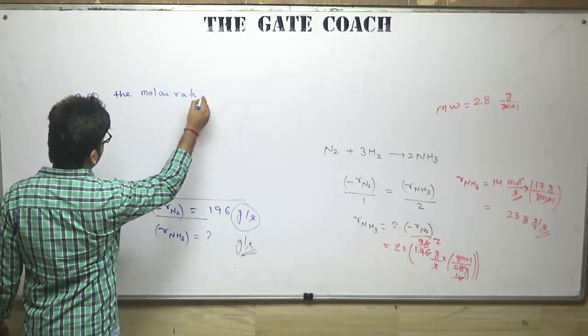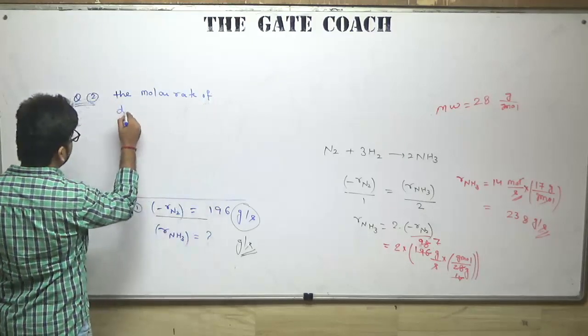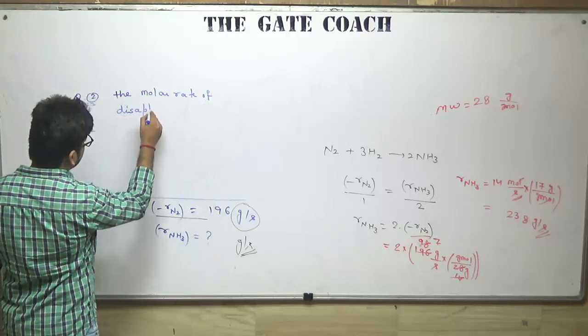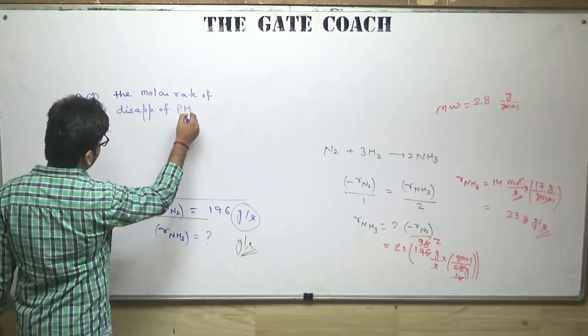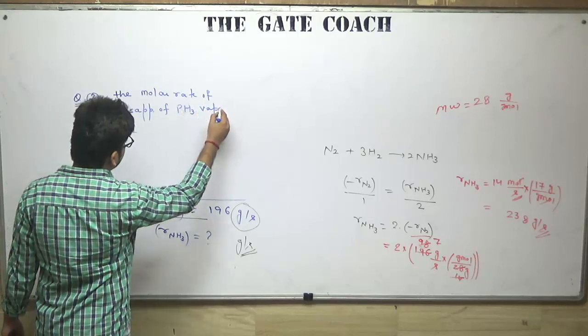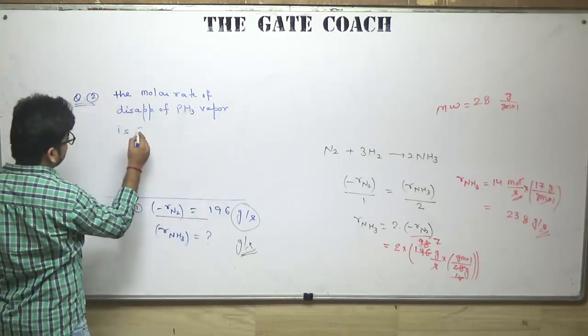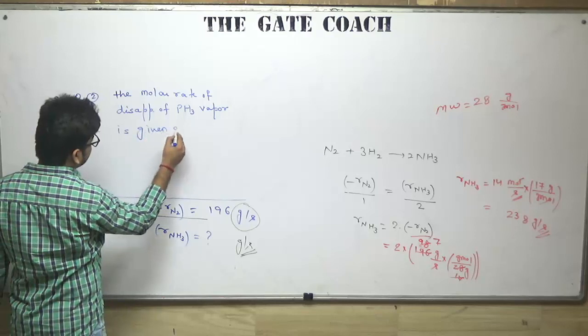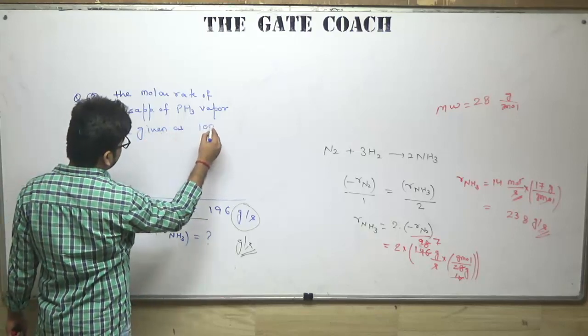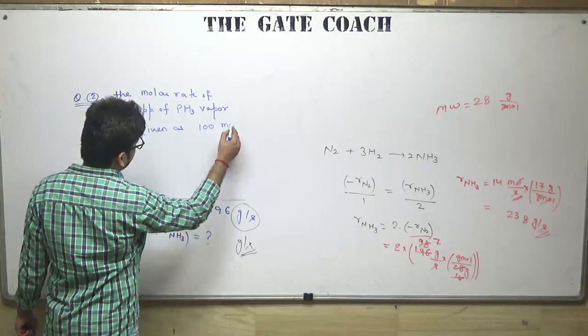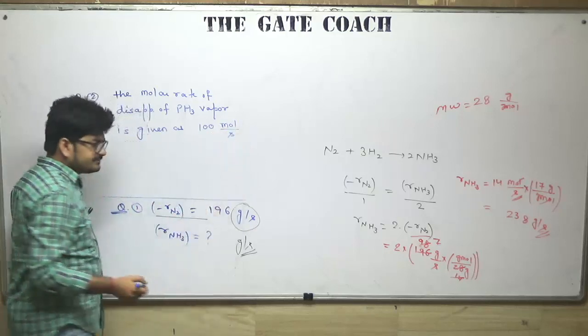The molar rate of disappearance of phosphine vapor is given as 100 mole per second.